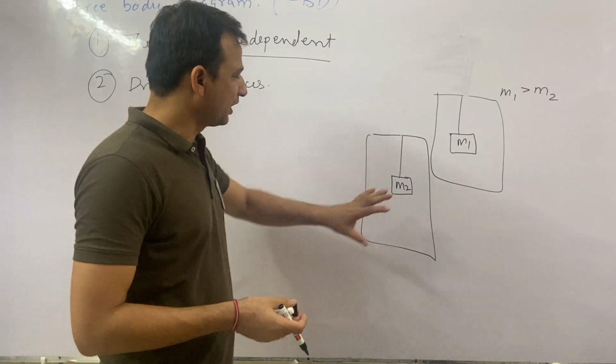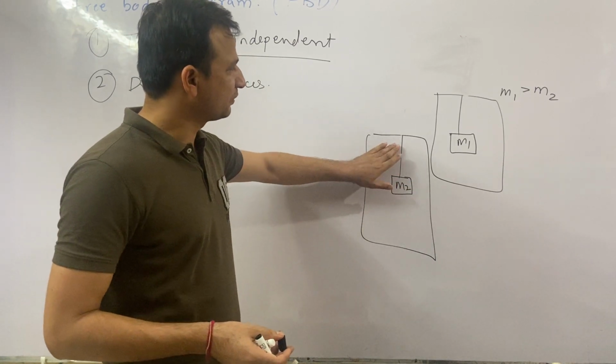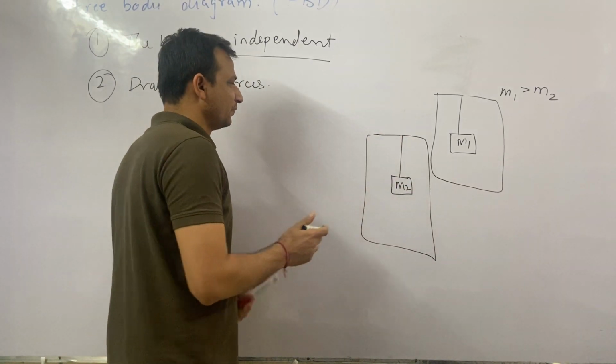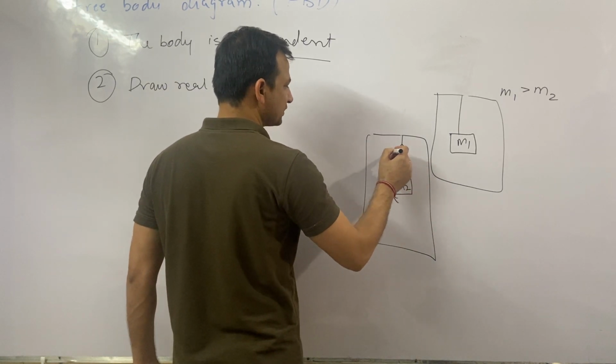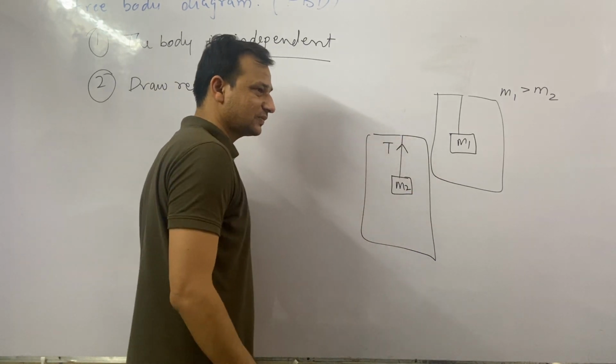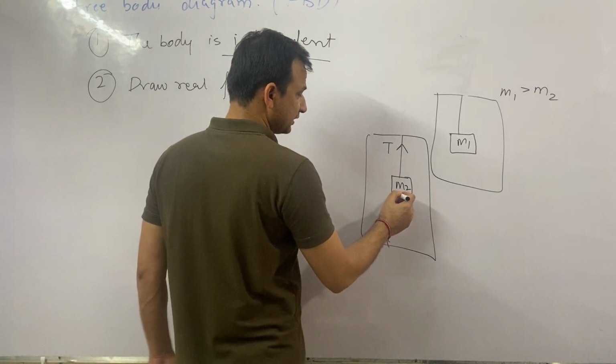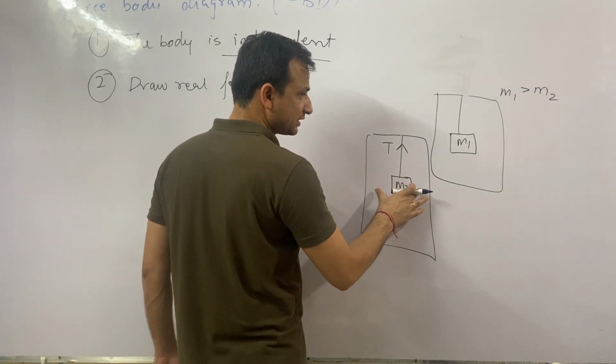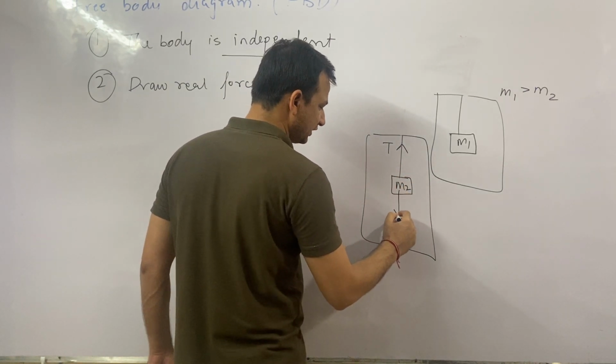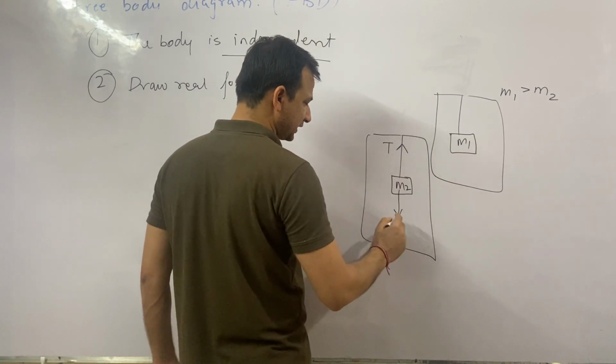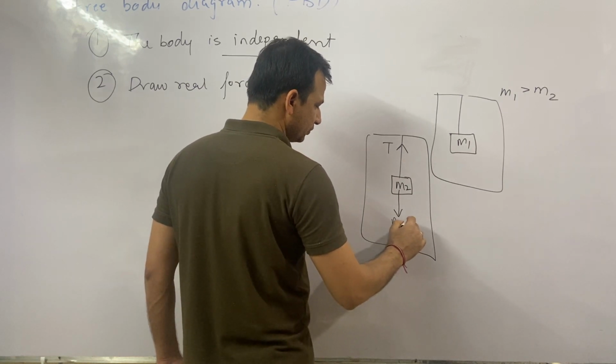So now if this mass was here and the string was applying some force, we can draw the tension acting upward. And of course, this mass is near the surface of Earth, so the other force acting on the object is M2G.